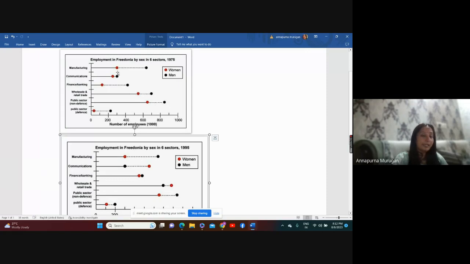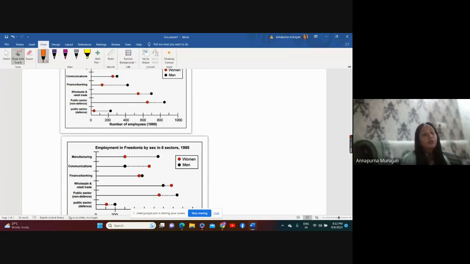The initial overview of the two graphs indicates that there is a rise in the workforce of Fredonia. That I can also give. That means I'm giving you the ways in which you need to analyze this. So now our introduction part is over.